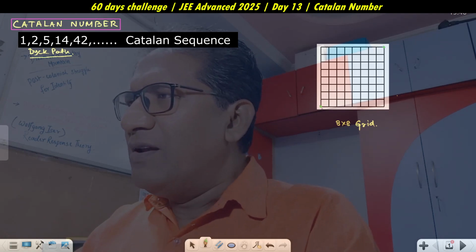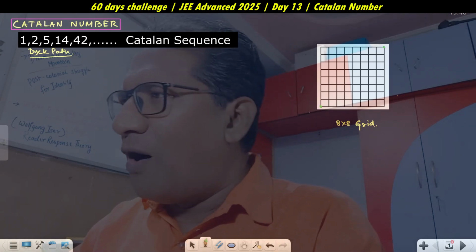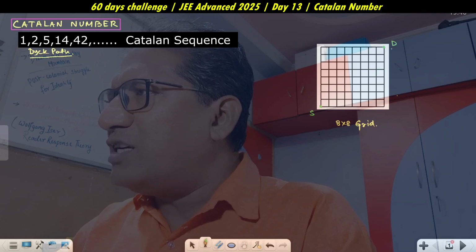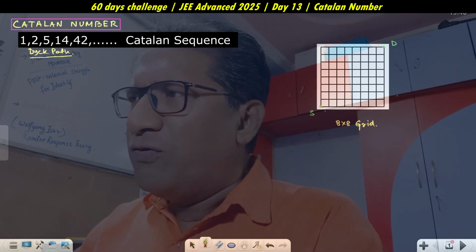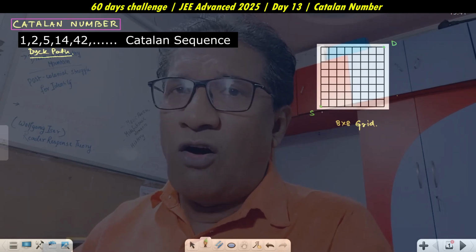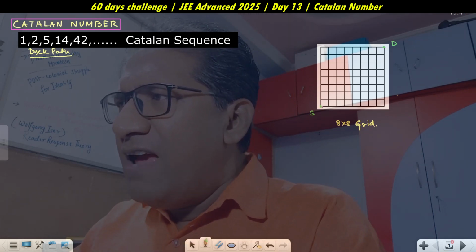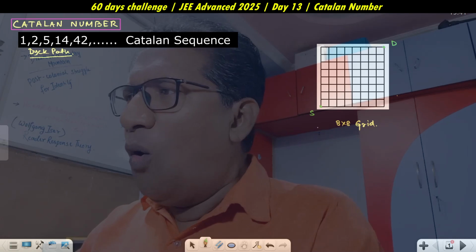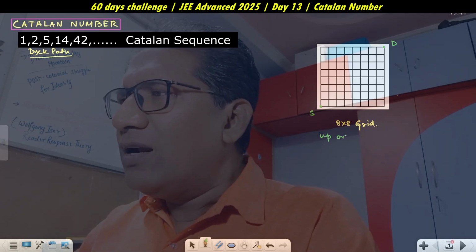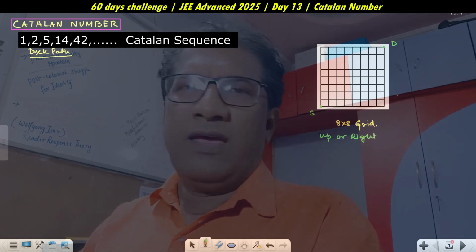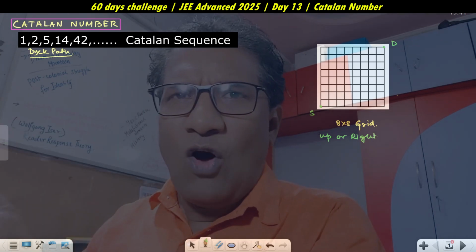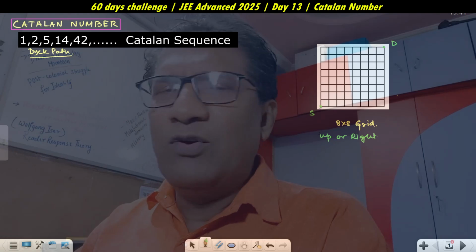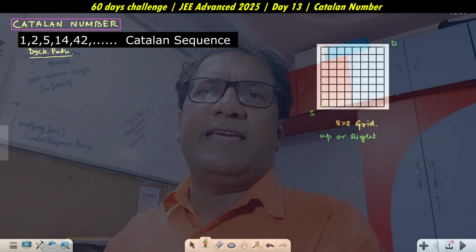A person starts his journey from this starting point S and he wants to reach this point, which is your destination D. He will move only along the border of this grid, and each and every path is of equal length. He can move only up or right. He will not move down or left. In how many different ways can a person reach from point S to point D?